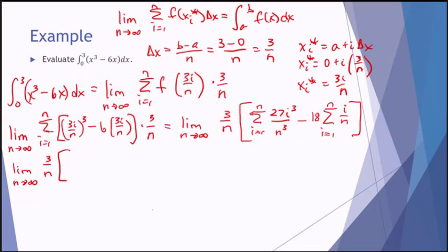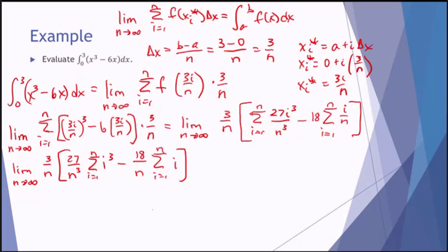So we'll pull out the 27 and the n cubed from the first one. We'll have the sum from i equals 1 to n of i cubed. And from the second one, we'll pull out the 18, which is already out, and then we'll also pull out the n. Sum from i equals 1 to n of i.